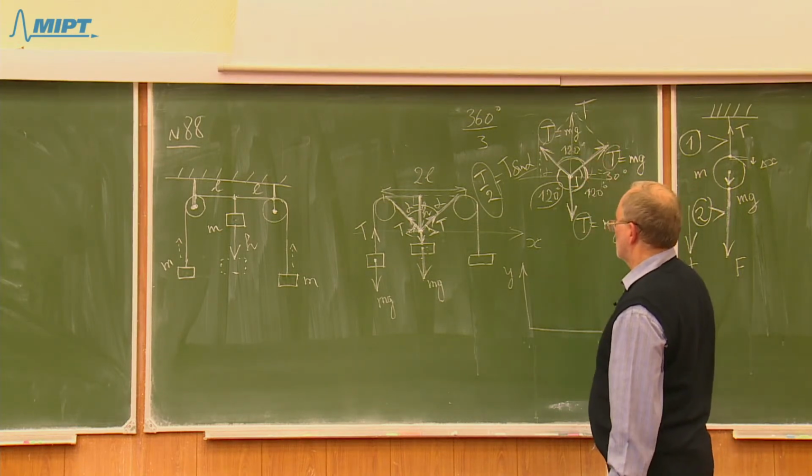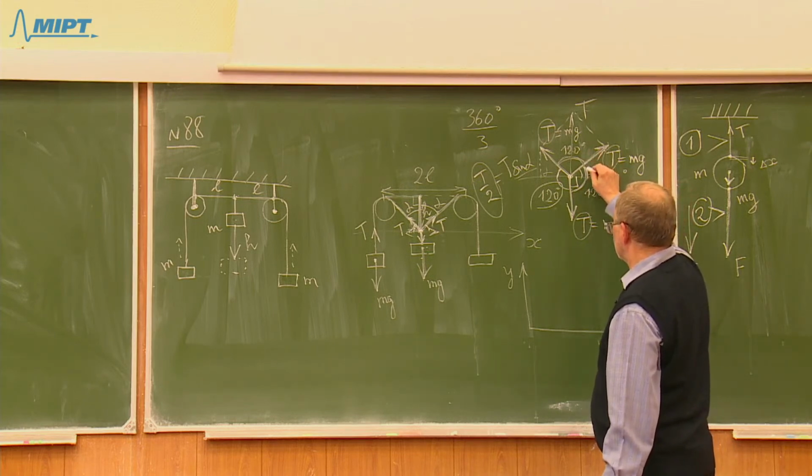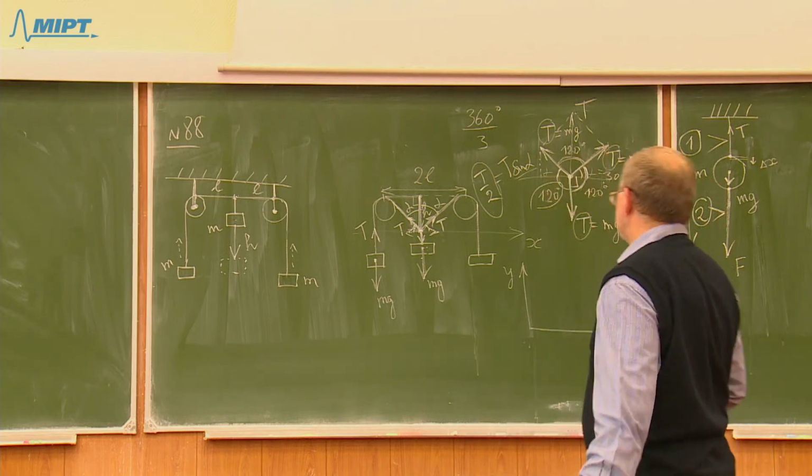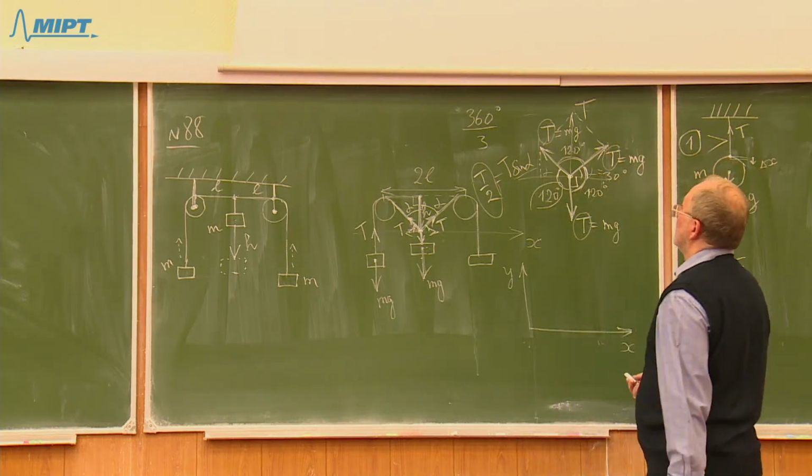If this angle is 120 degrees, equal to this angle and equal to this angle, then everything is balanced here.